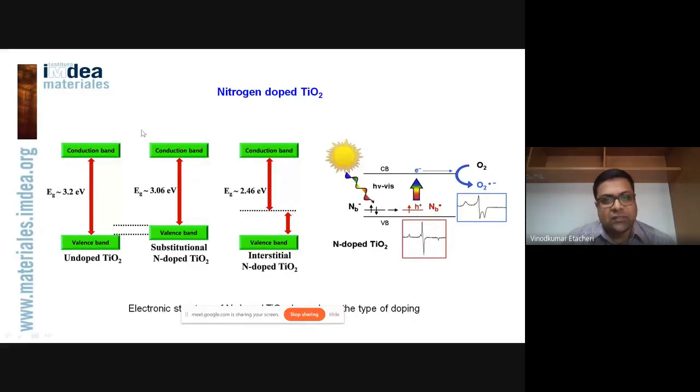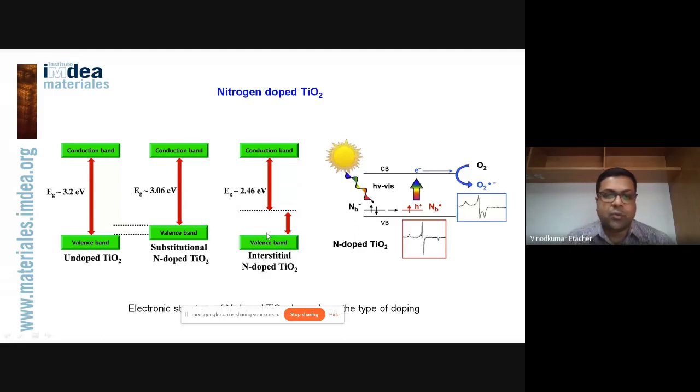This depends on the synthesis, and this kind of substitutional nitrogen doping requires very high temperature to replace oxygen with nitrogen. And interstitial doping requires only very low temperature processing. So it depends also on the method, what kind of atmosphere we use for synthesis. If it is a reducing atmosphere, it can substitute oxygen.